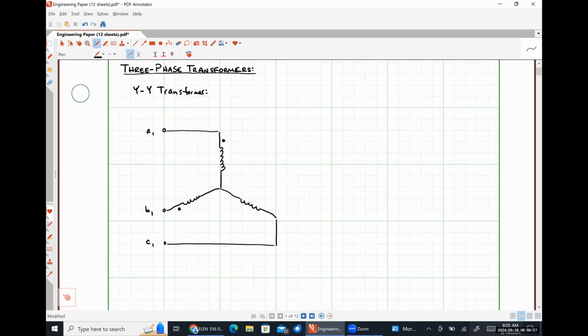Let me put my dot here. Now I'm going to draw my lines representing perfect coupling. And now I'm going to draw the secondary side of my three-phase transformer. Put that over. That over.